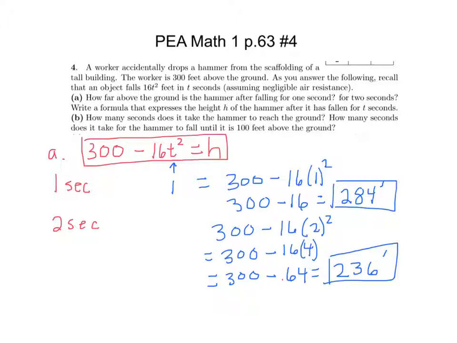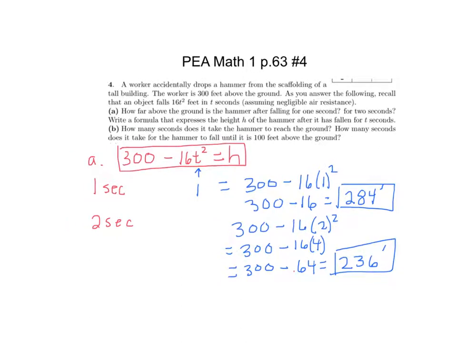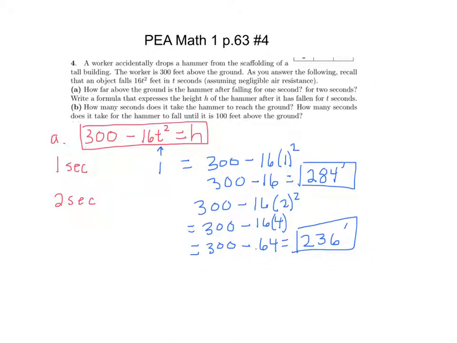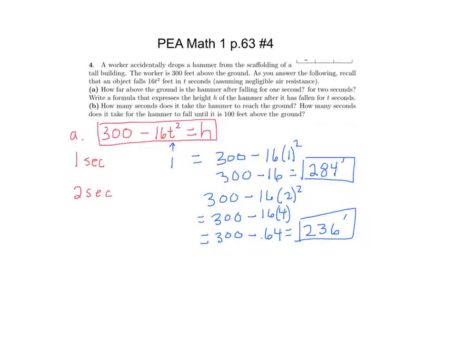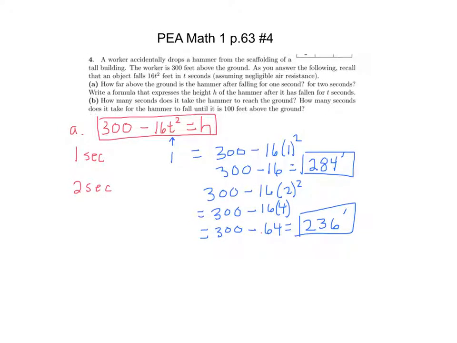Now for B. How many seconds does it take for the hammer to reach the ground? How many seconds does it take for the hammer to fall until it's 100 feet above the ground? So now we're just going to use that formula we have, which is 300 minus 16 t squared equals a number.